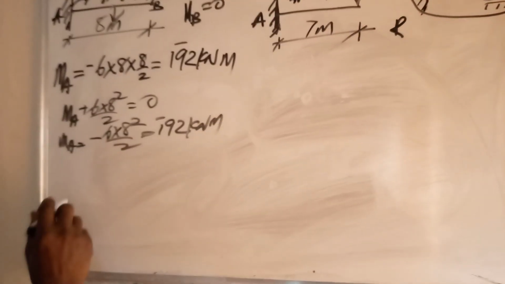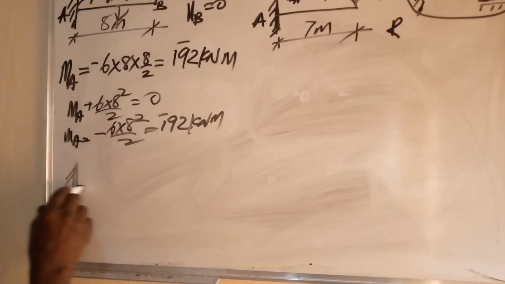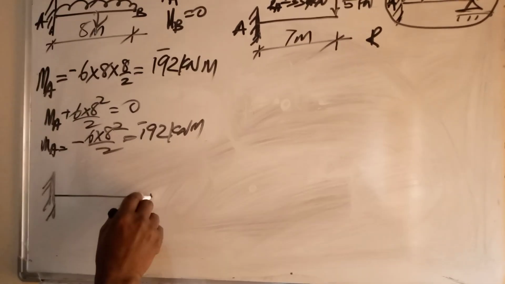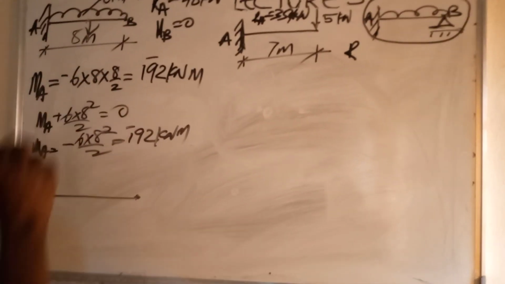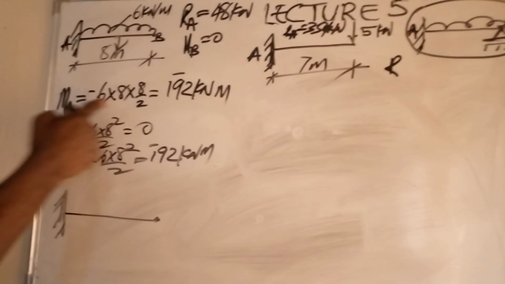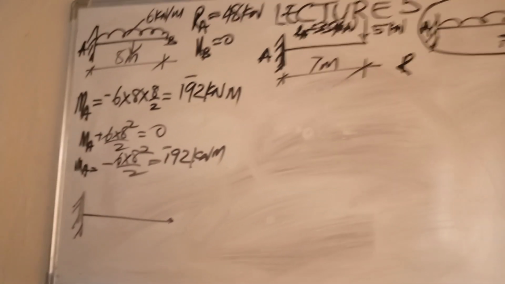So to get the bending moment diagram, look at the structure. If you check, the bending moment at B is 0 at this point. The bending moment at A is minus 192, and it is quadratic. If you check, 8 times 8, 8 squared, the equation is quadratic.